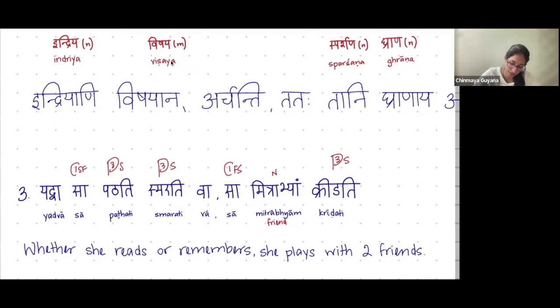Mitrabhyam is third or fourth or fifth case dual neuter. So if you had written 3, 4, or 5 for that, you would have gotten that point correct. Okay, whichever one you wrote is correct. So now and then remaining is indeclinable, indeclinable. So now you count your points. 1, 2, 3, 4, 5, 6, 7, 8. This is out of 8.